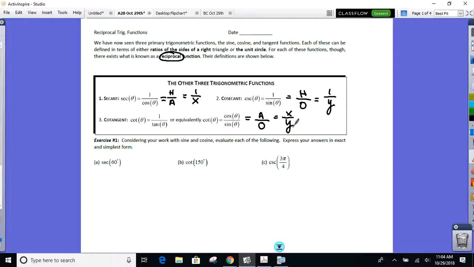Here's where you're going to struggle at the beginning: remembering which one do I flip for cosine, which one do I flip for sine. I don't think you can get cotangent mixed up, can you? Cotangent, flip tangent. Where you're going to get mixed up is which one to flip for the other two. I've got a little device for you. Write out SOHCAHTOA on the top somewhere.